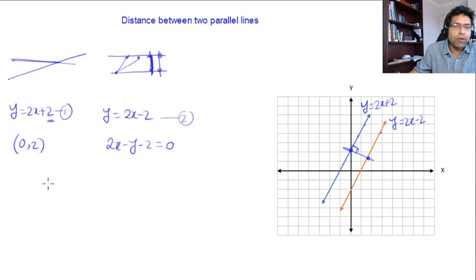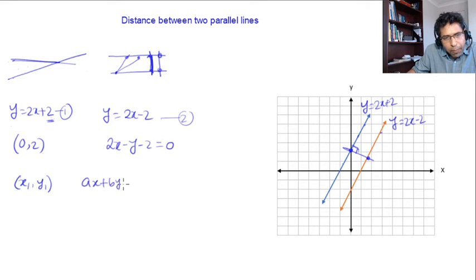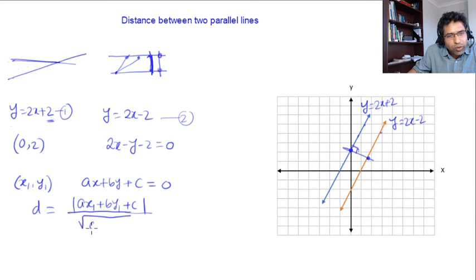Now we can just apply a formula which is called the perpendicular distance from a point to a line. If the point is (x1, y1) and the equation is ax plus by plus c equals 0, then according to the formula, the perpendicular distance d will be the absolute value of ax1 plus by1 plus c, and underneath is the square root of a squared plus b squared. a and b are the coefficients of x and y.